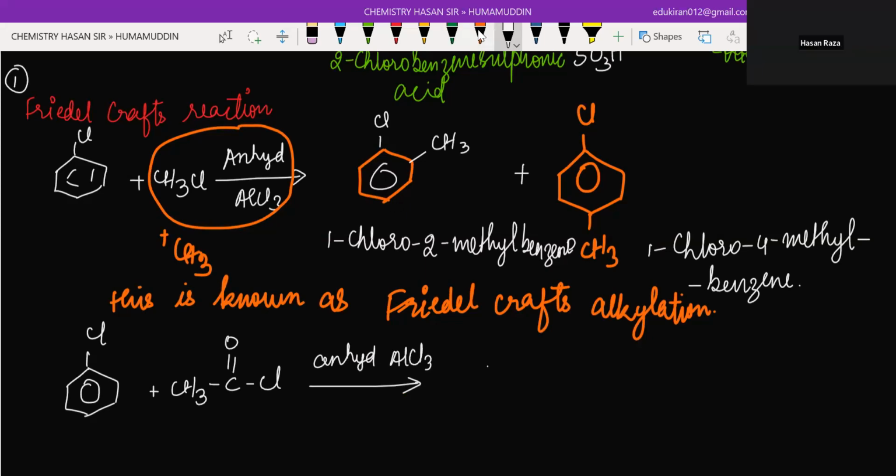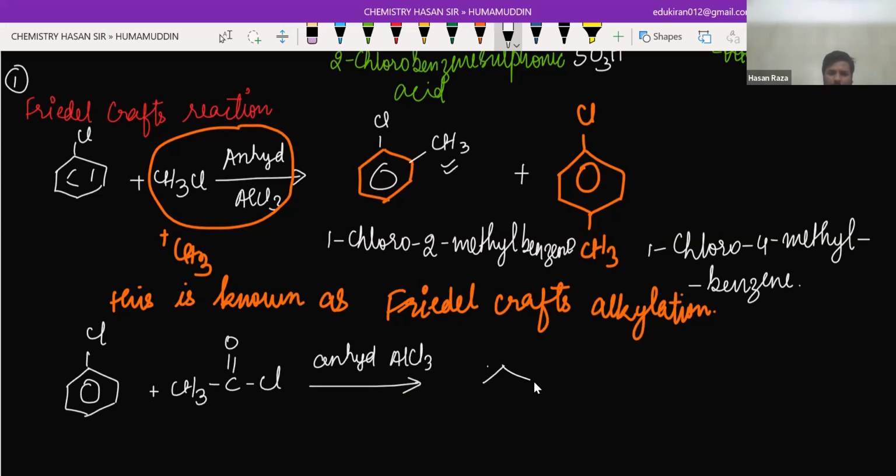You can see that when an alkyl group is added, it is known as Friedel-Crafts alkylation. And if an acyl group is added, I'll show you. This is your chlorine and this is your C double bond O CH3 at ortho and at para.